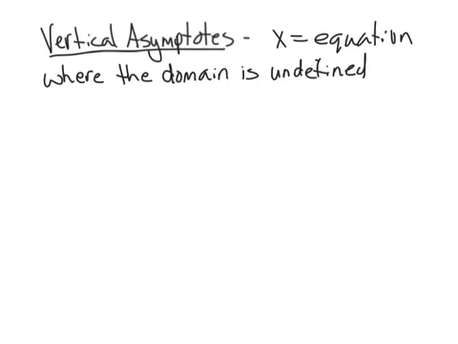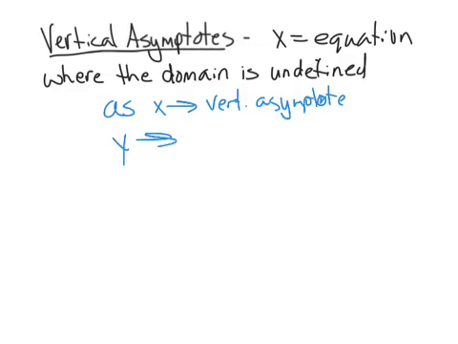So basically, as my x values approach a vertical asymptote, my y values are going to approach either positive infinity or negative infinity.